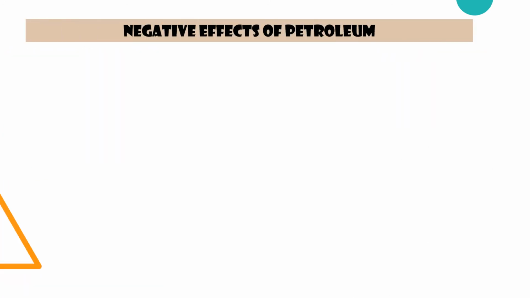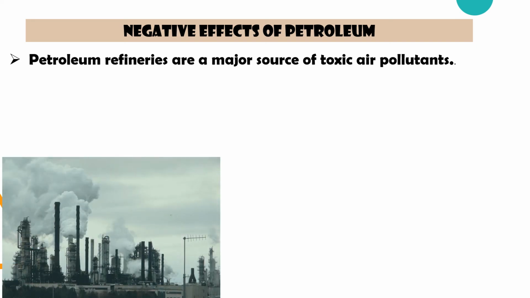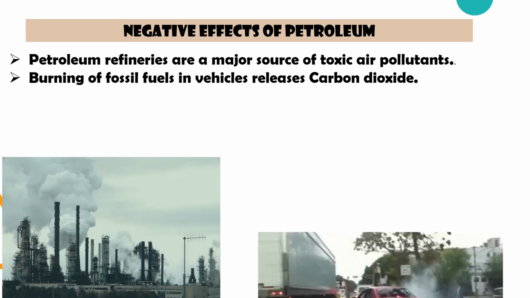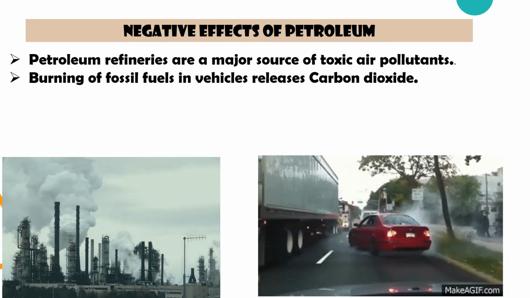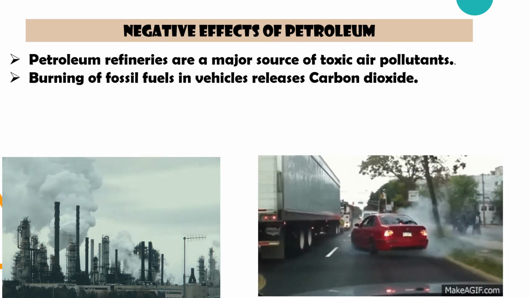Now, let's discuss some negative effects of petroleum. Petroleum refineries are a major source of toxic air pollutants. Burning of fossil fuels in vehicles releases carbon dioxide. Can we control the carbon dioxide in the atmosphere?